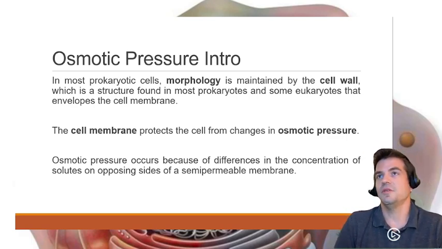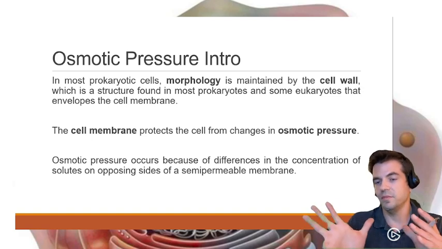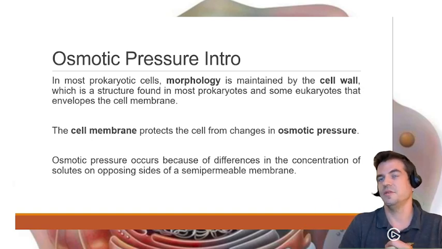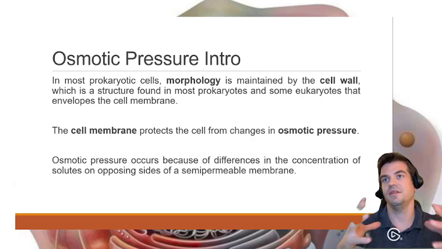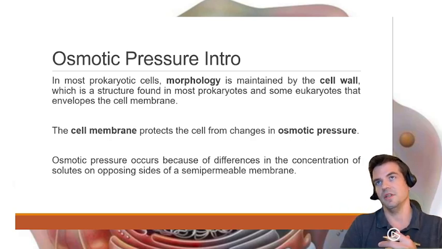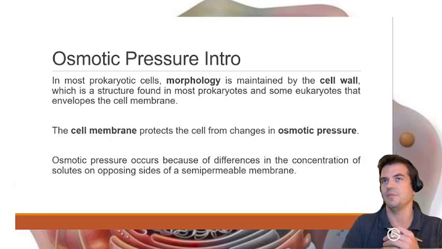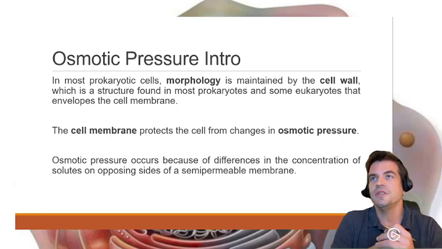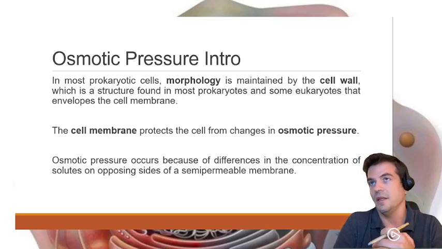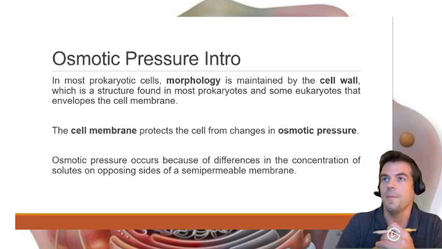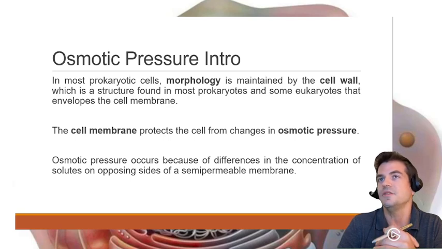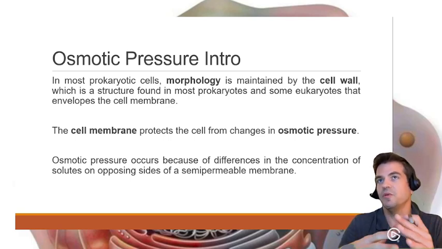Okay, in most prokaryotes, and remember we're focusing a lot on prokaryotes, eukaryotes can regulate this function a lot better, red blood cells being an exception. All right, so morphology is maintained by the cell wall in prokaryotes, a structure found in all of the bacteria, but not the eukaryotes.